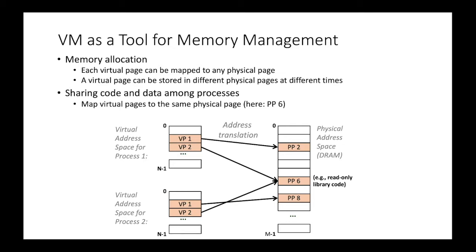In this example, process 1 and process 2 use the same read-only library code, so we don't load the same page twice, but instead we simply map them to the same physical page once loaded. In this case, virtual page number 2 from process 1 and virtual page number 2 from process 2 are mapped to physical page number 6.